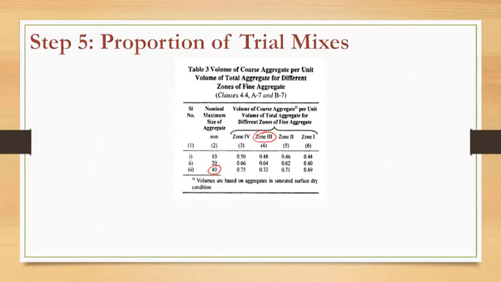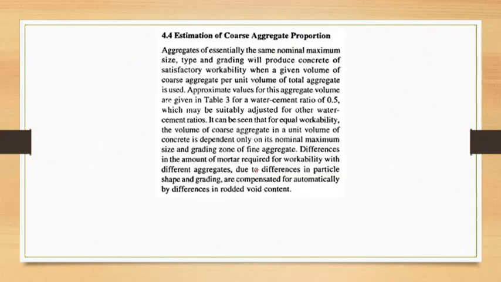So corresponding to these two values, our volume of coarse aggregate per unit volume of total aggregate is 0.73. This is valid when water cement ratio is 0.5, which is given in clause 4.4 of IS 10262-2009. But if our water cement ratio differs from 0.5, then we have to make the adjustment, which we explained already in the previous video.